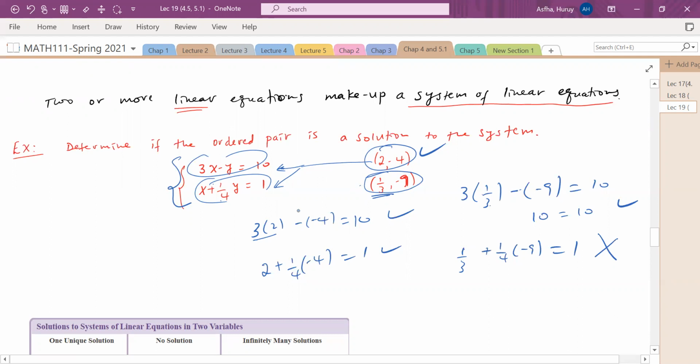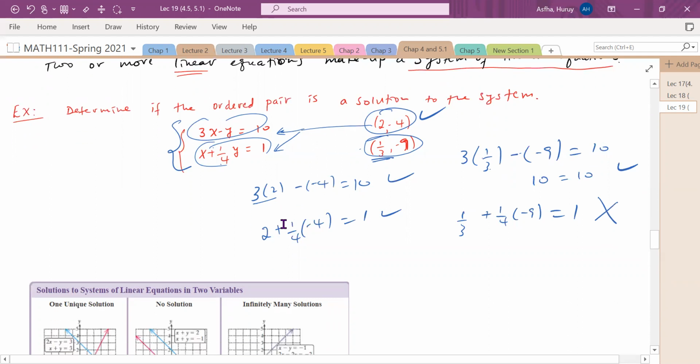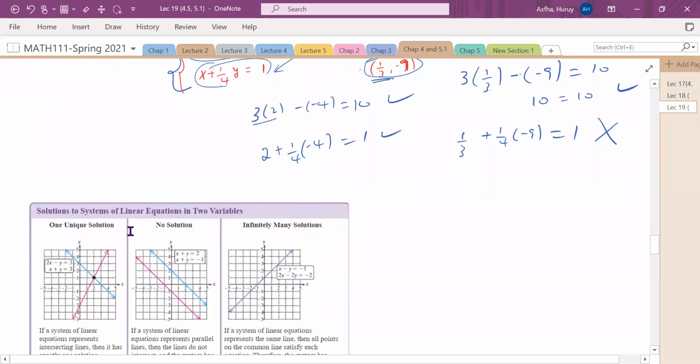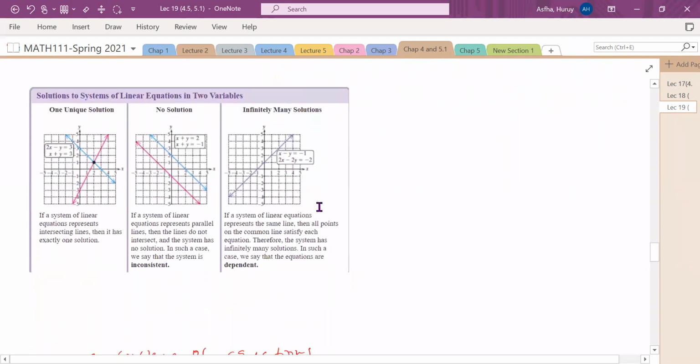Okay? Now, based on the solutions of a system, we have different types of systems of equations. One is with a unique solution, where the equations have one common solution. And this represents intersecting lines.